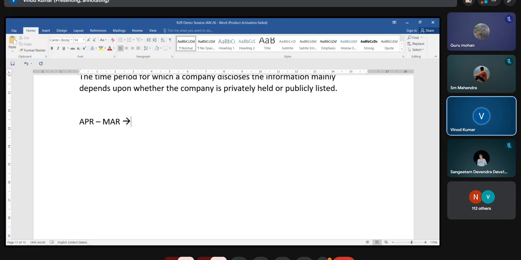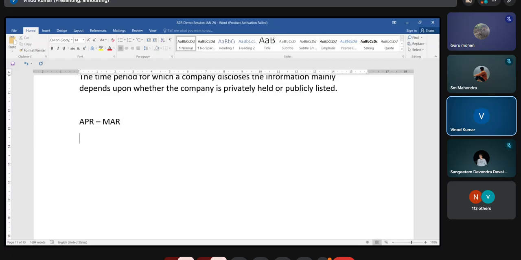Indian companies need to submit their financial returns, like income tax returns. The cutoff date last year was given till December. Before December, they need to submit the financial statements to the income tax department and pay off the taxes, if any.